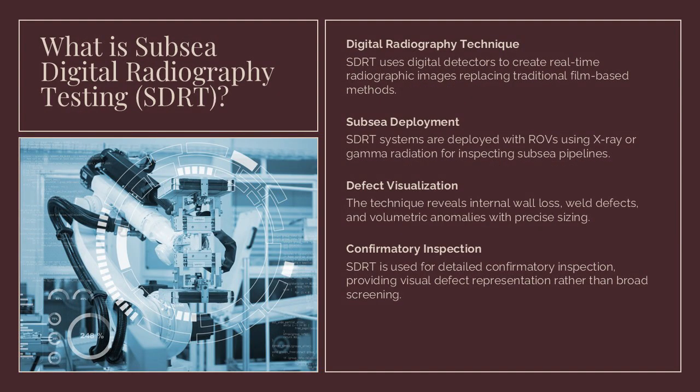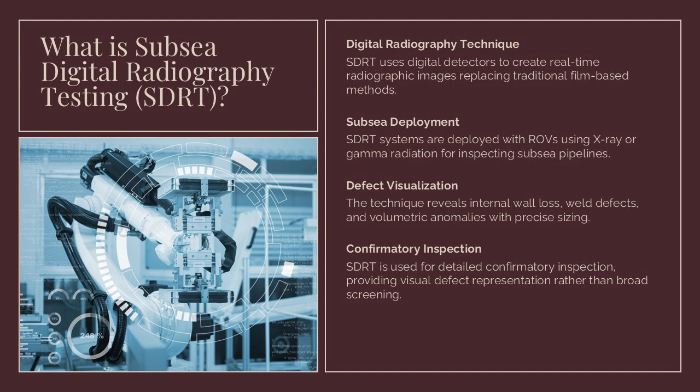Subsea Digital Radiography Testing, SDRT, is a radiographic inspection technique that uses digital detectors instead of traditional film to produce real-time or near-real-time radiographic images. In subsea applications, SDRT systems are typically deployed using ROVs and utilize either X-ray generators or gamma sources.